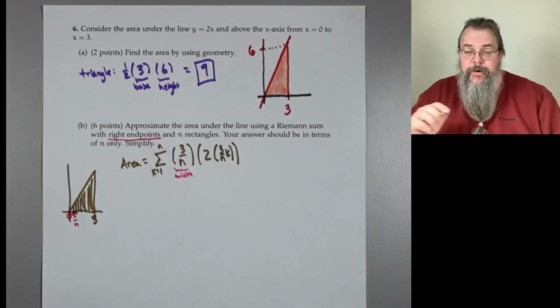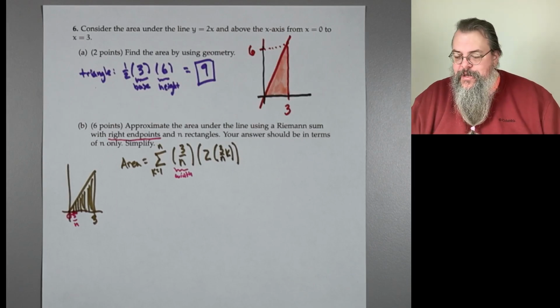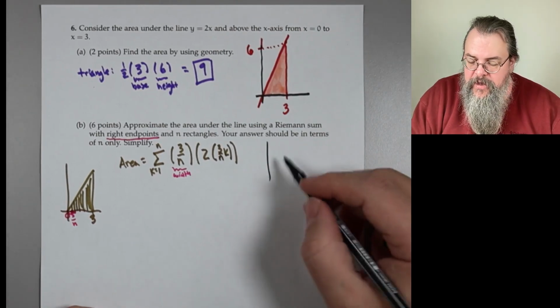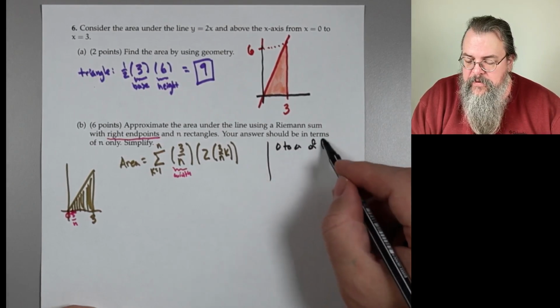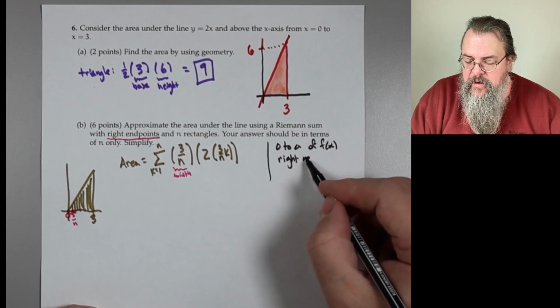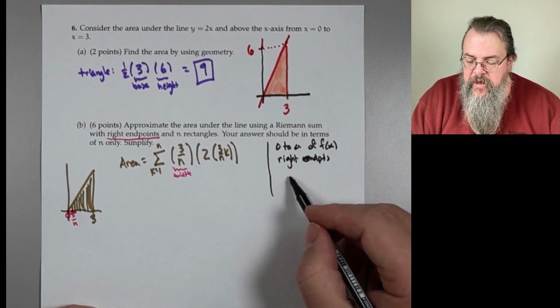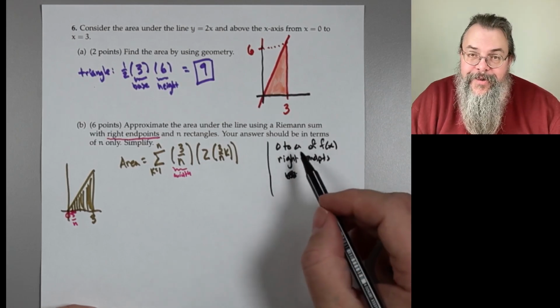All right, now let me just make a comment here. Generically, there's a nice little fact that says if you're going from 0 to a of f of x, with right endpoints, then your Riemann sum looks like a over n times the sum k equals 1 to n of f of a over n times k.